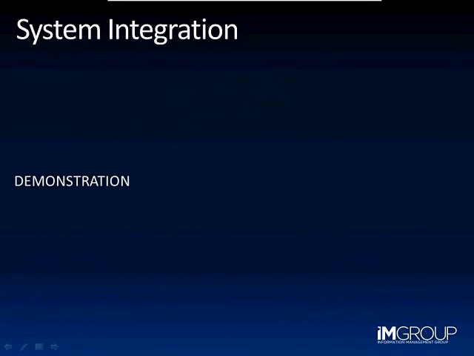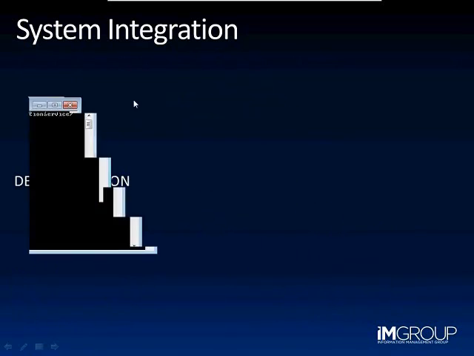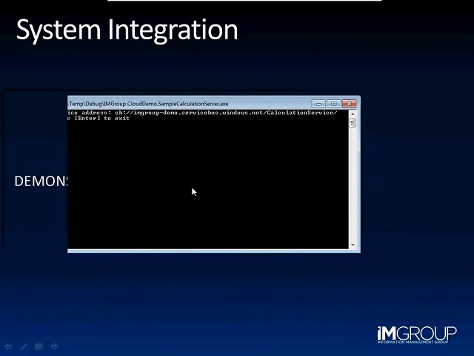Now for the demonstration, what I have is a console application which is running on my local machine, on my laptop, and my laptop is currently configured to be running under IMGroup's corporate domain, and therefore it's behind IMGroup's corporate firewalls.